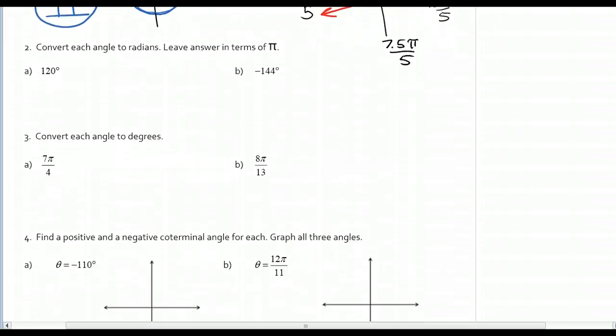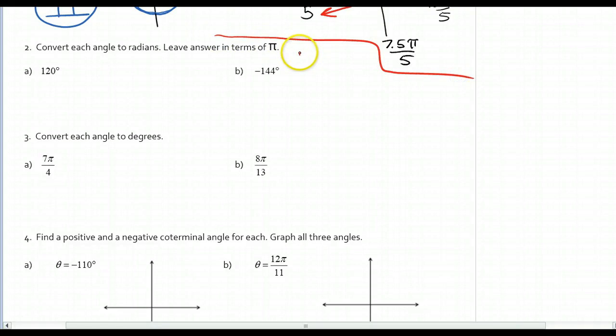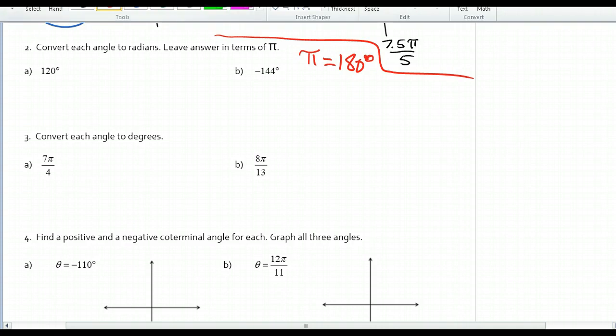Alright, next example, we want to convert each angle to radians and leave in terms of pi. So we know that our conversion factor is that pi is equal to 180 degrees. So we need to decide whether we're going to use this in fractional form, so we want to decide if the pi needs to go into the numerator or into the denominator.